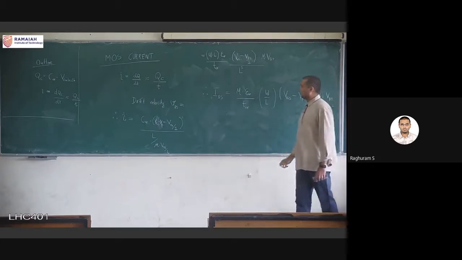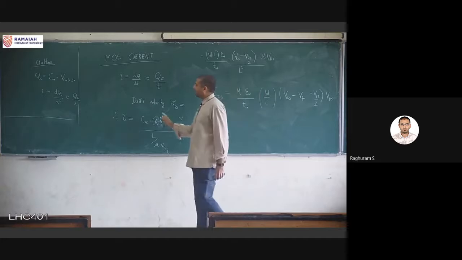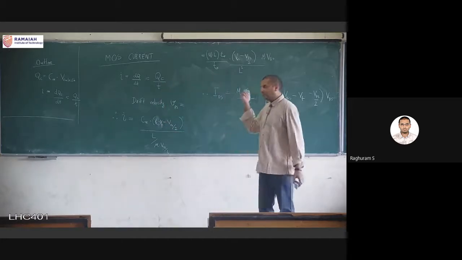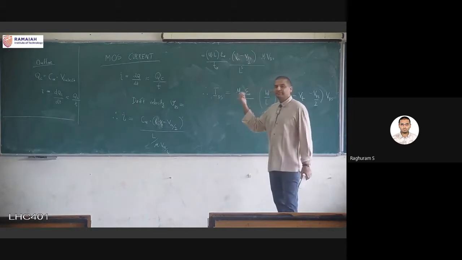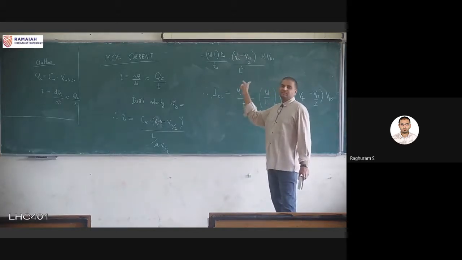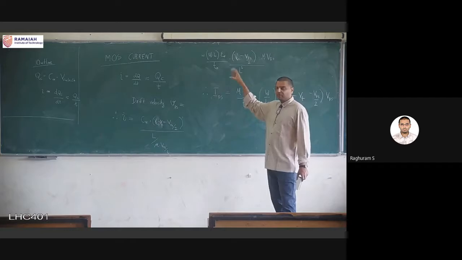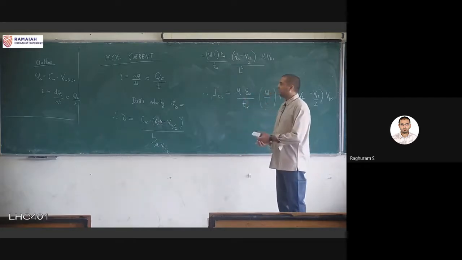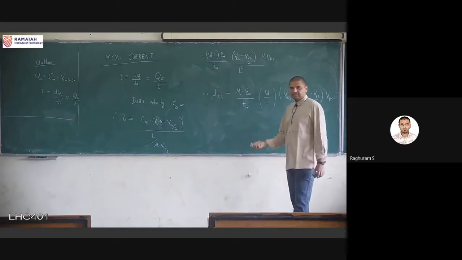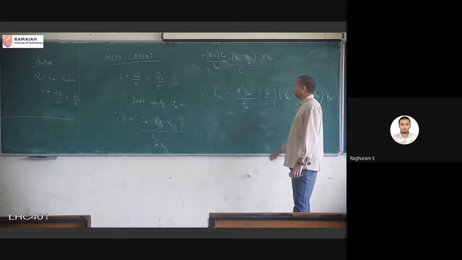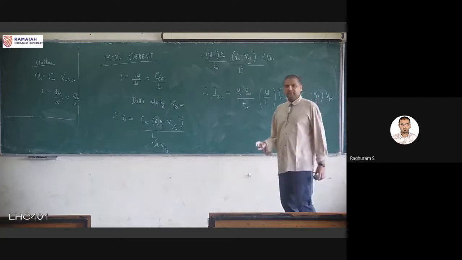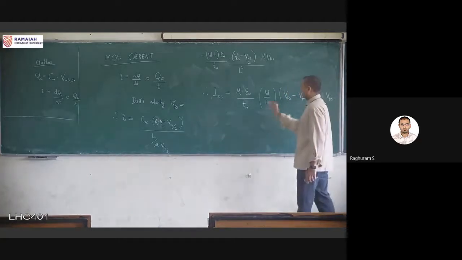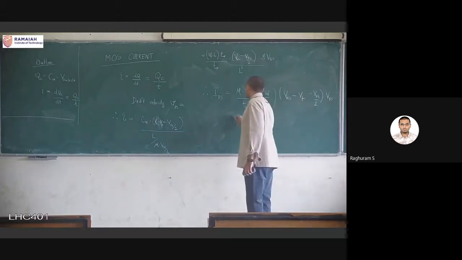Why did this VT suddenly come into the picture? I had made a mistake in the earlier part itself, where we were deriving that VGC. It was actually VGC minus VT to start off with. So the whole thing, we missed that VT, but please add that VT when you're doing it in the exam or something. So this is the final expression for the current.